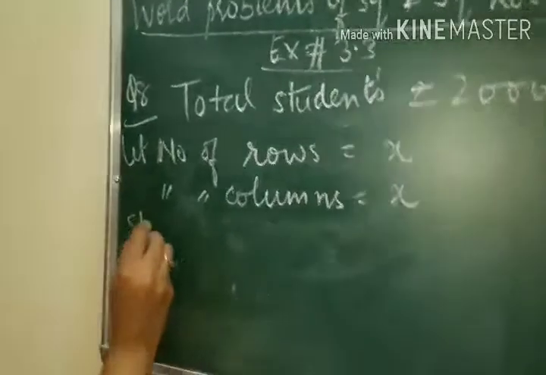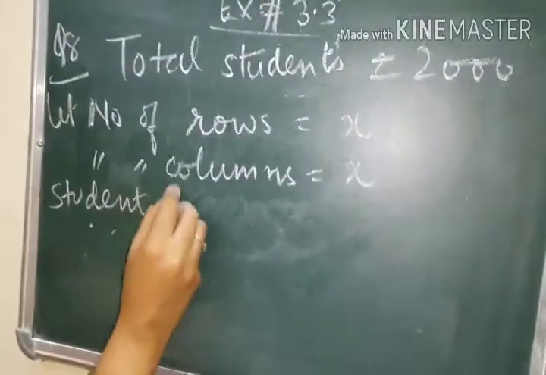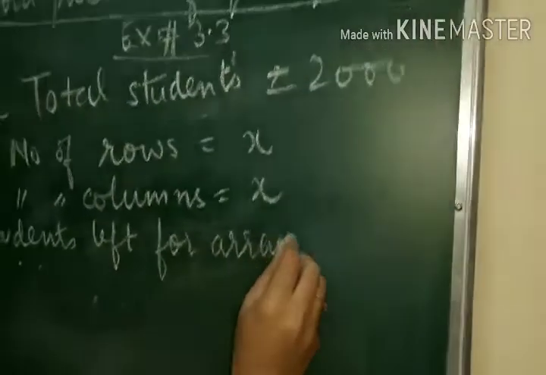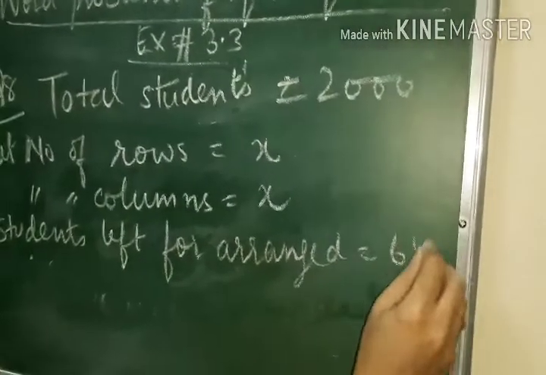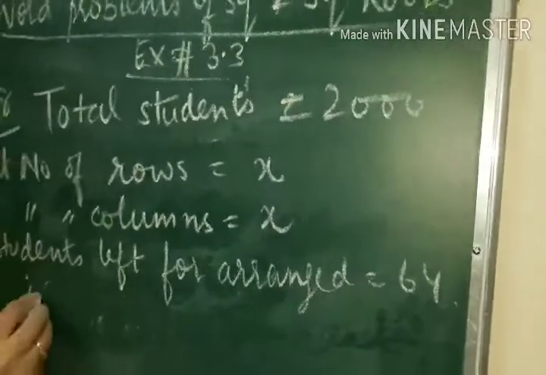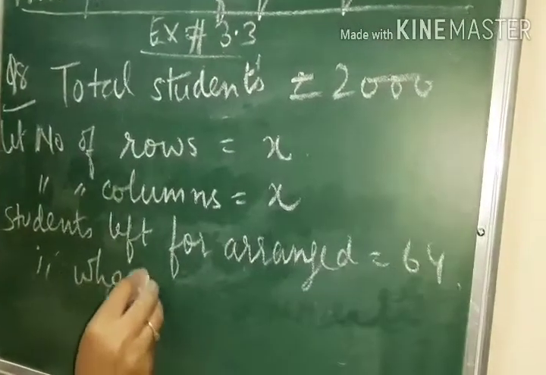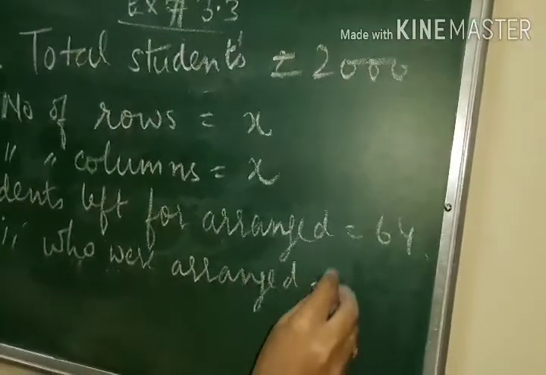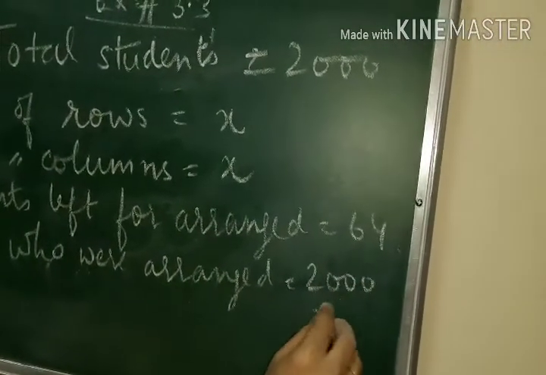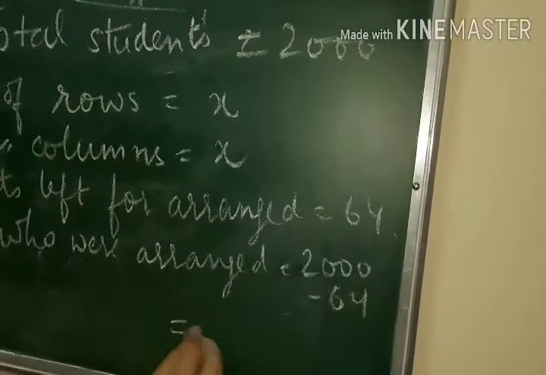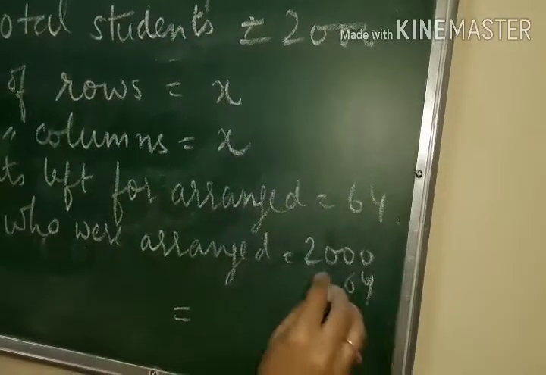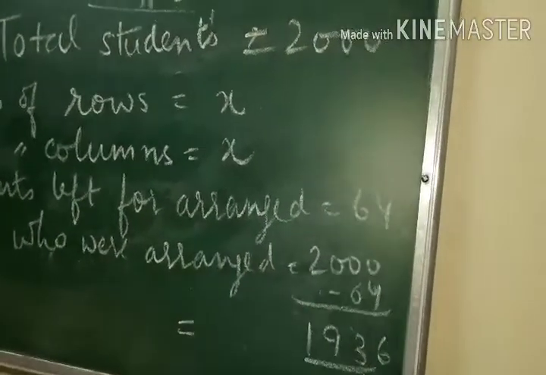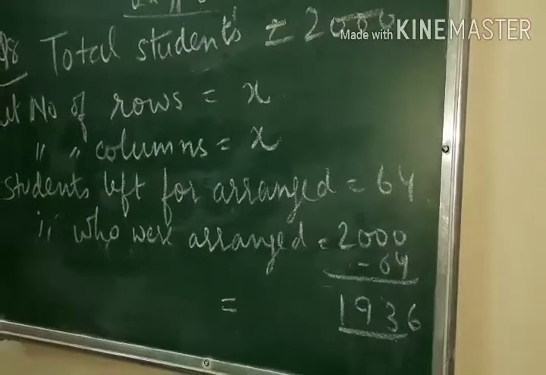Now the students left, who could not be arranged, are 64. That means how many could be arranged? We'll find it by subtracting 2000 minus 64, and it is 1936. So the number of students who were arranged is 1936.